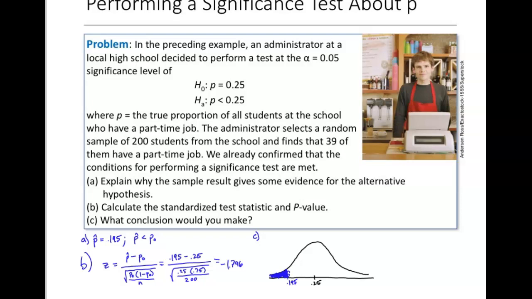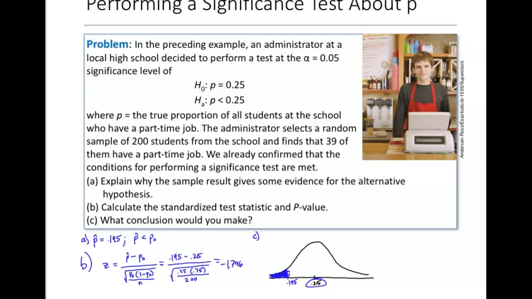So how likely is it that we would get 0.195 or less by random chance if the null hypothesis is true, if it truly centers over 0.25? If it's really unlikely, then we'll conclude, hey, I don't think this happened by chance. I think this happened because the alternative hypothesis is actually true.